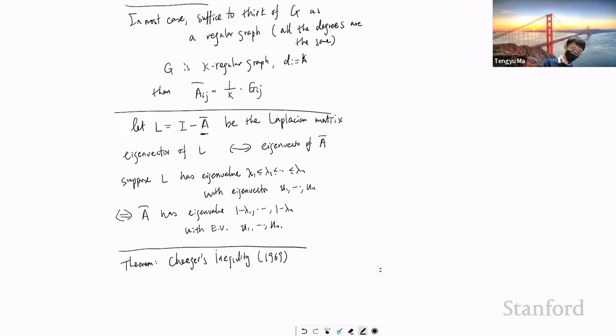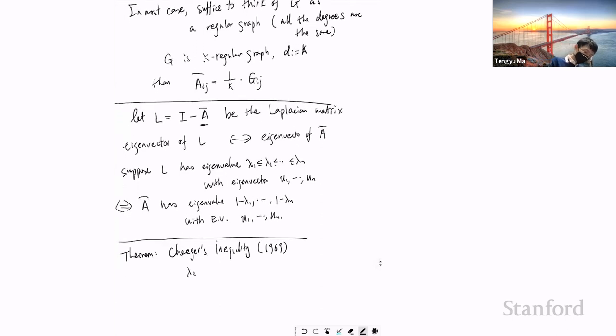It says the following: lambda 2, the second eigenvalue, over 2 is less than the conductance of G, which is less than square root of 2 lambda 2. So why this is a very important thing: it connects the conductance, the sparsest cut, to something linear algebraic, to the eigenvalues.